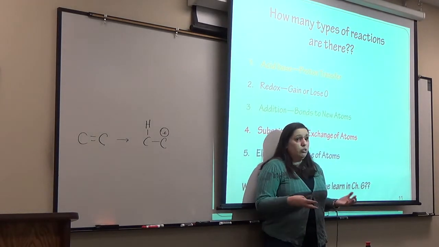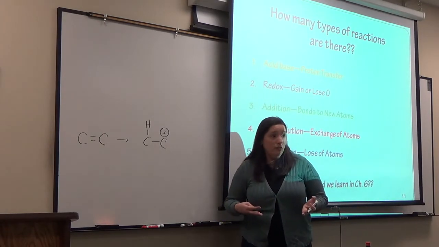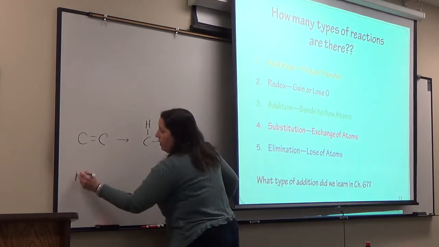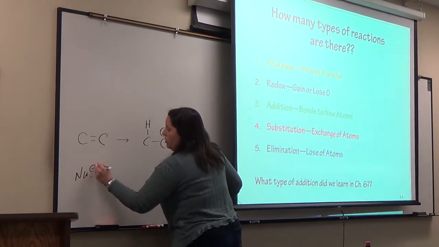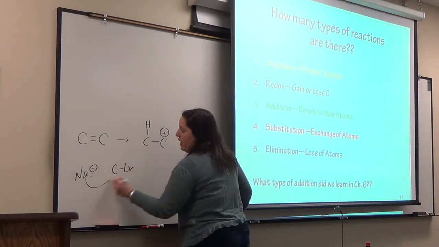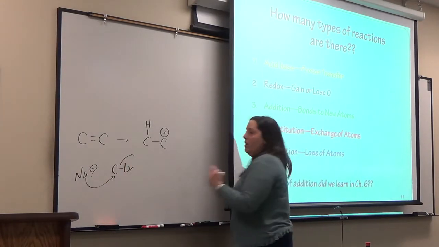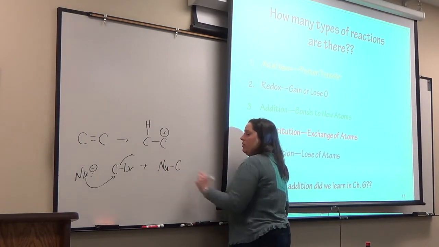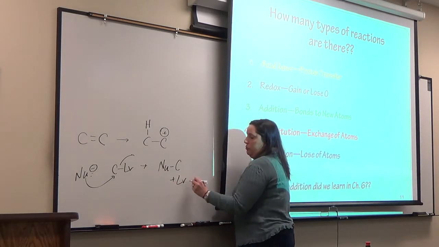And we have also talked about nucleophilic substitutions, right? Where we have a nucleophile which is going to attack, and in this case you have a leaving group. It attacks the carbon, the leaving group leaves, and now you've substituted your new carbon, and you get the leaving group as an ion.